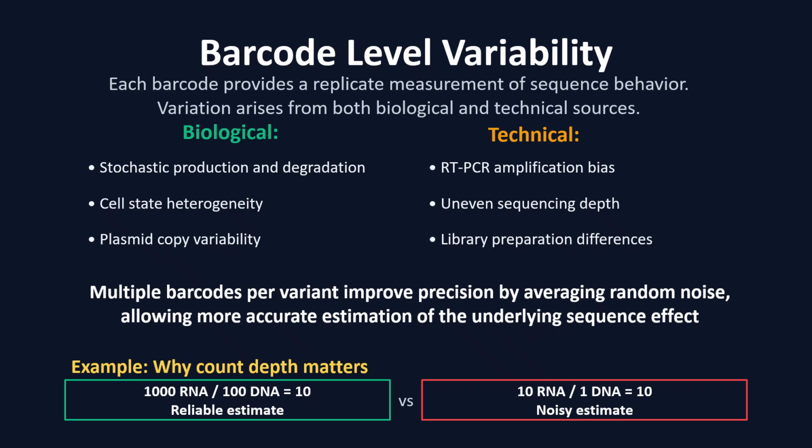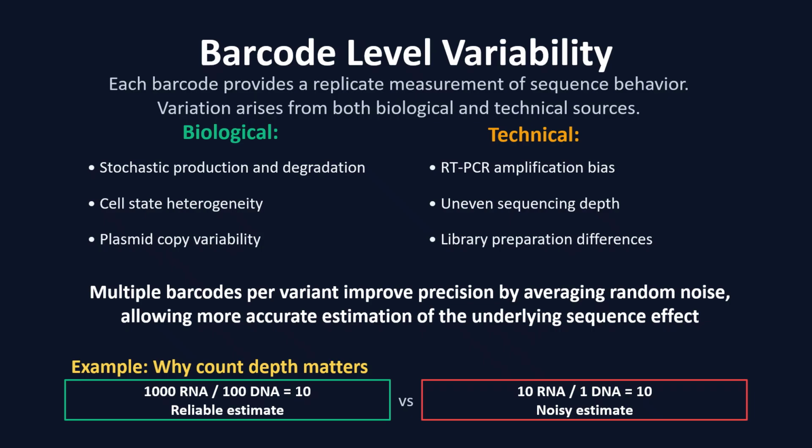We discussed barcodes in previous slides. Each barcode acts as a replicate measurement of how that sequence behaves. But again, barcode measurements are not perfectly identical. Variability can arise at many levels.